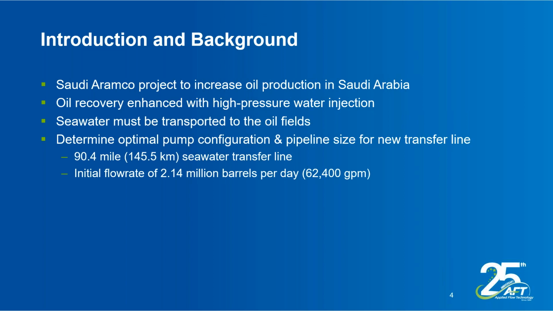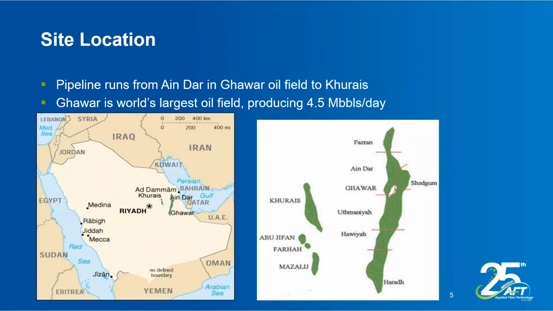The initial flow rate that they were operating at was 2.14 million barrels per day. The goal was to examine what the costs would be based upon either trying to minimize the first cost of the initial design or trying to minimize the life cycle cost over 20 years. So here's where things are geographically.